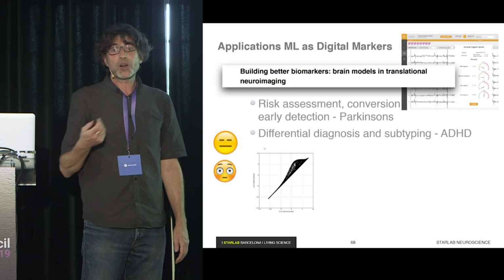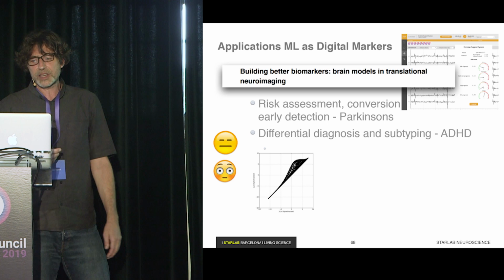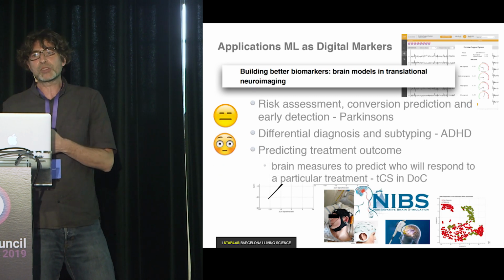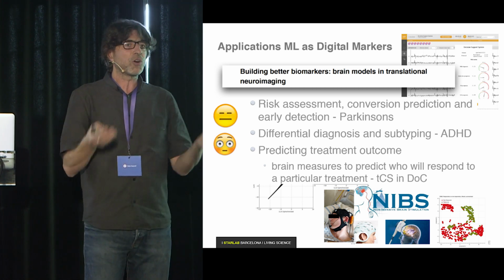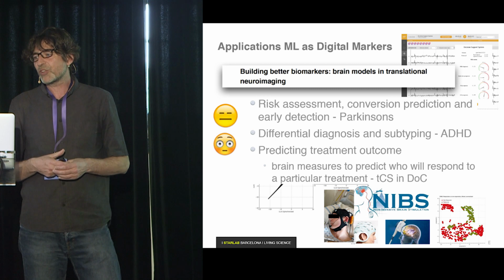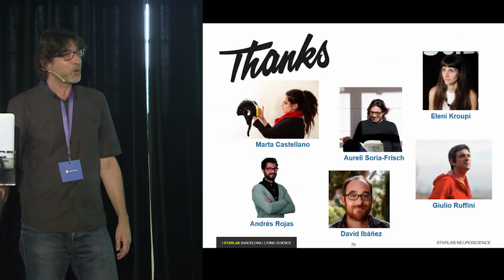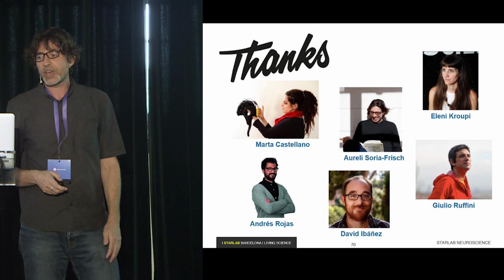You can use it for differential diagnosis, as in the case of ADHD. And you can use them also for predicting treatment outcome, not only in the case of non-invasive brain stimulation, but also of drug treatments.